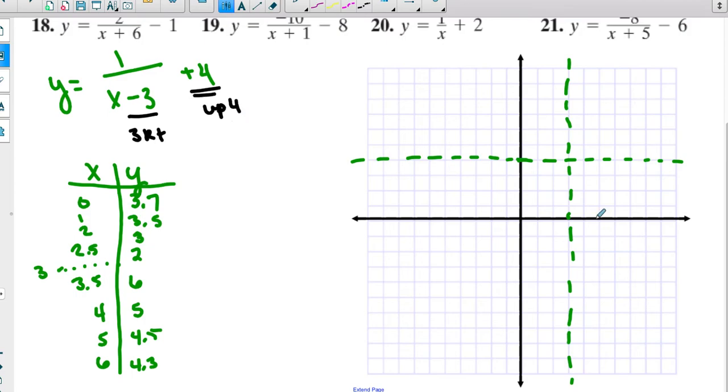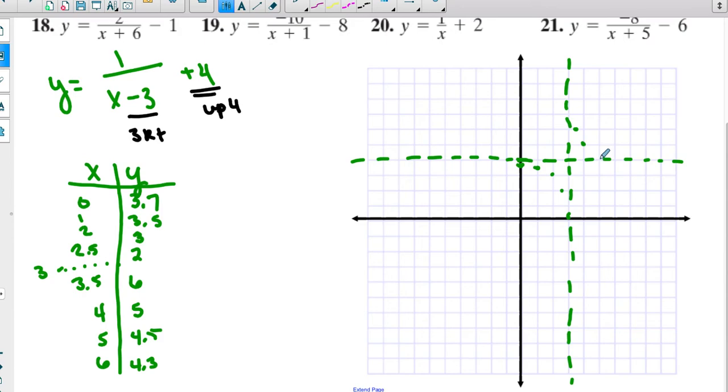Okay, so then we have 0 and then 3.7 is right here. 1 and 3.5 is right about there. 2 and 3, and then 2.5 and 2. All right, then we have 3.5 and 6. We have 4 and then 5.